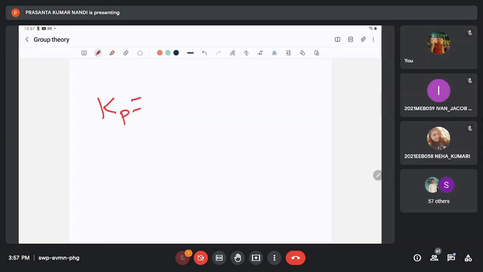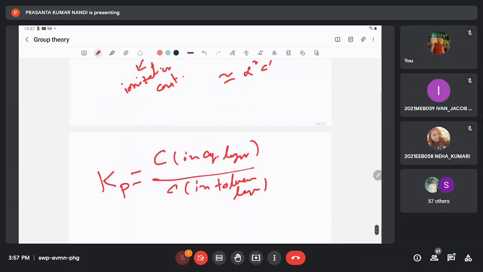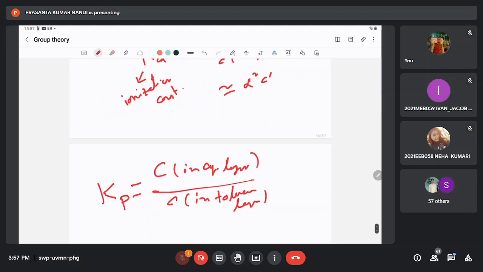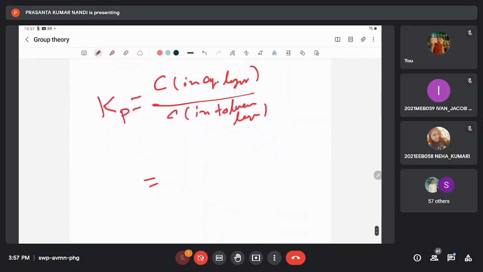whatever you can write, equal to the concentration in the first layer by the concentration in the other layer. If you put these expressions, what is the concentration of monomer form in the aqueous layer?